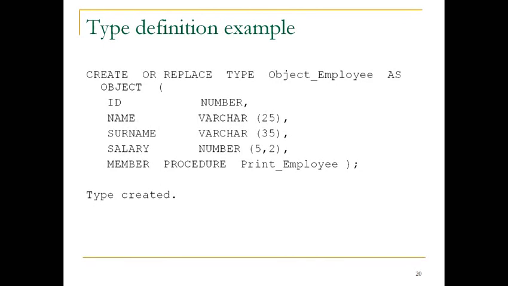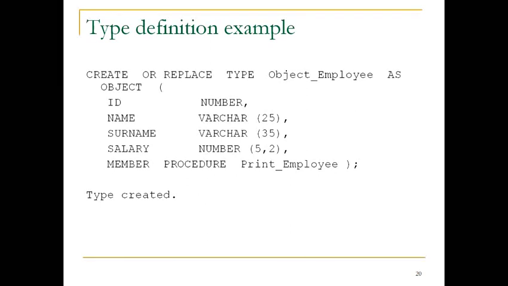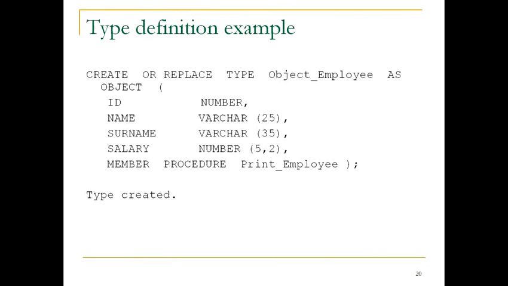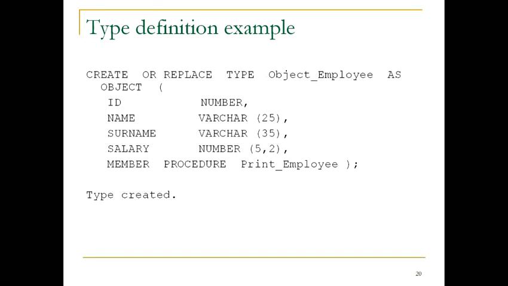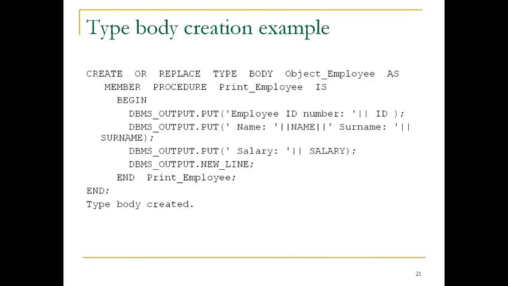How can we define a very, very simple object? Create or replace type object_employee as object: ID number, name varchar, and so on. And the last thing, we are defining also one method, which is member procedure print_employee. That will print the employee's data on the screen, using the constructions my colleague explained as one of the last things in the previous lecture.